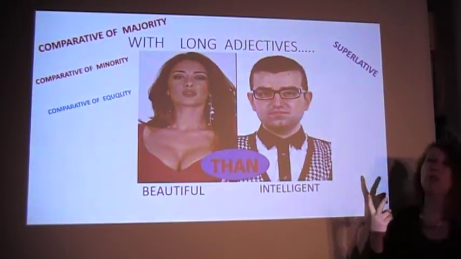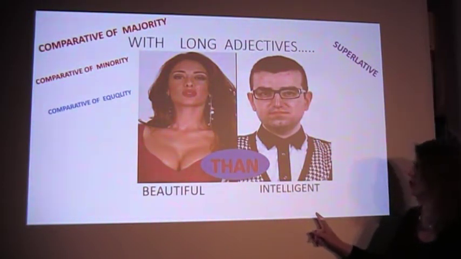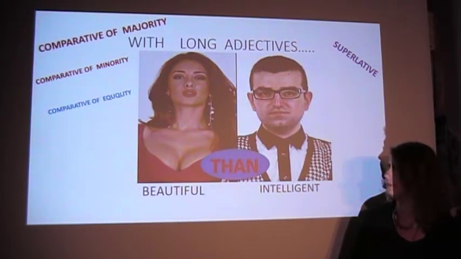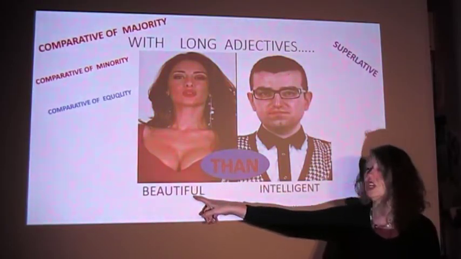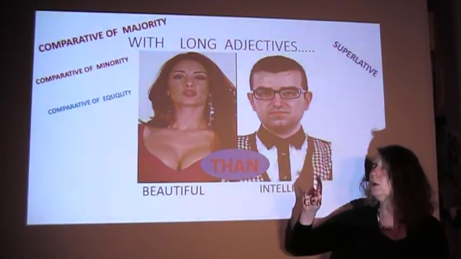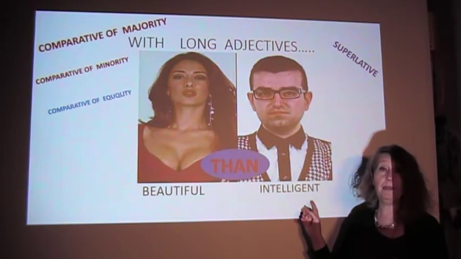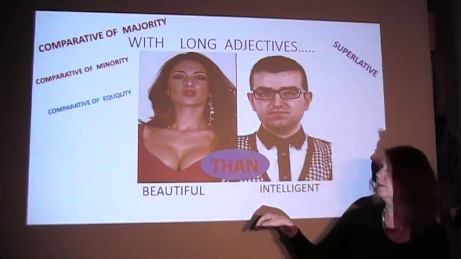Here we have two long adjectives. We have beautiful and intelligent. So we have the long form of the comparative. We can say she is more beautiful than him, and he is more intelligent than her.